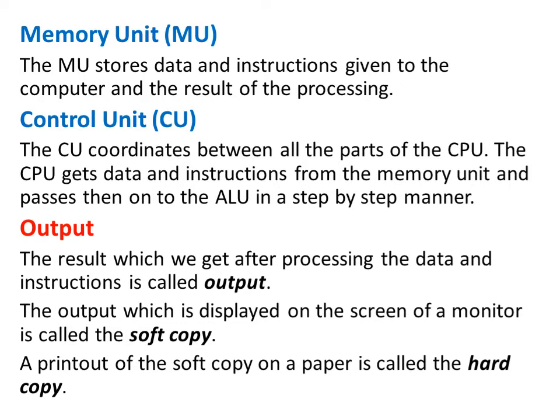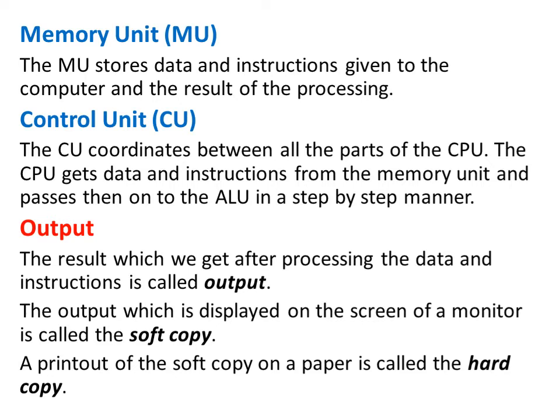Now see the next part, memory unit, MU. The MU stores data and instructions given to the computer and the result of the processing. Then third part, control unit, CU. The CU coordinates between all the parts of the CPU.